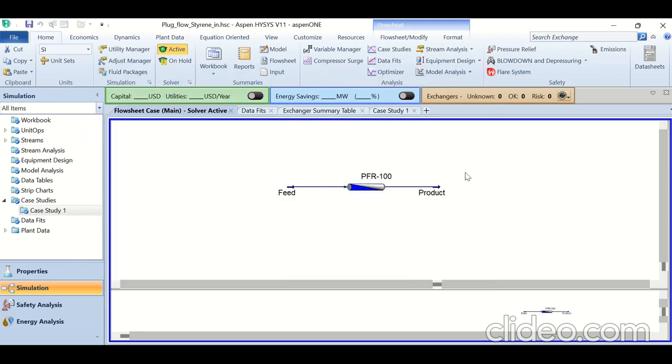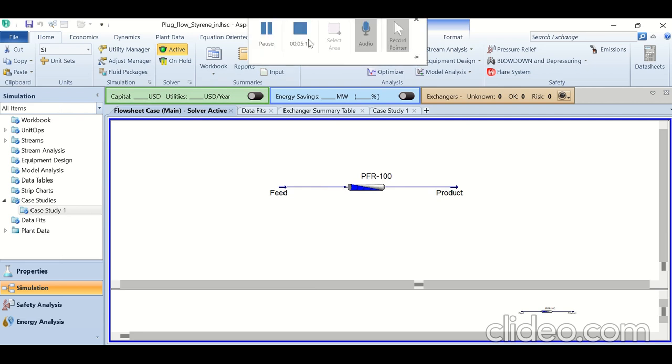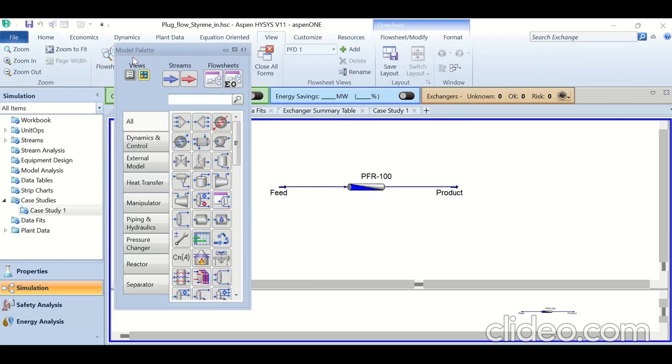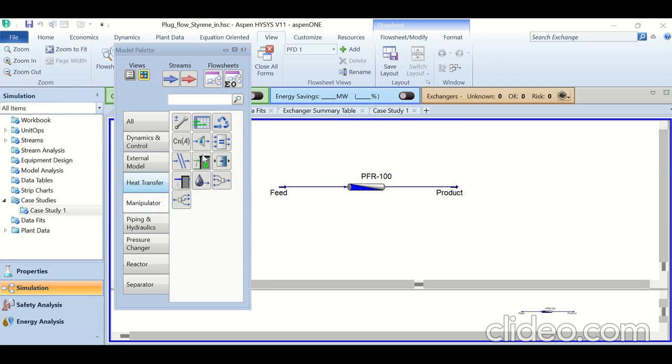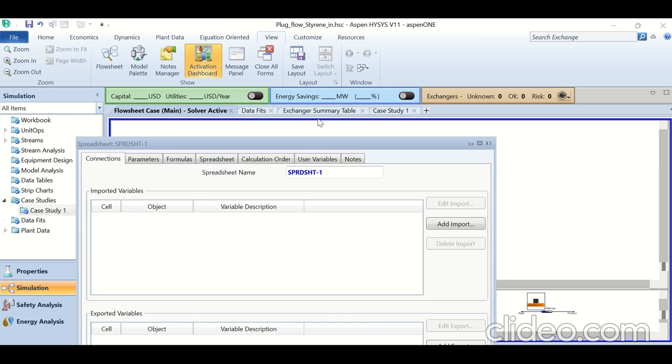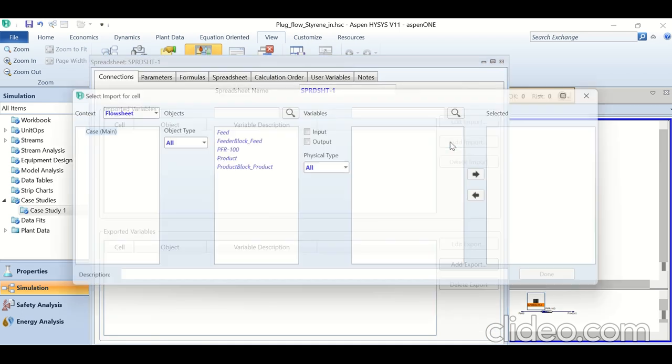Okay, now let us calculate the selectivity. So for selectivity, again go to the model palette, and go to the manipulator, and add this spreadsheet. Double click on the spreadsheet, click on add import.